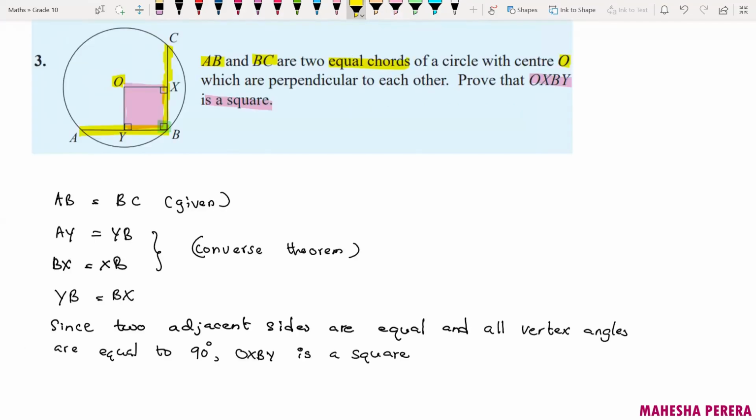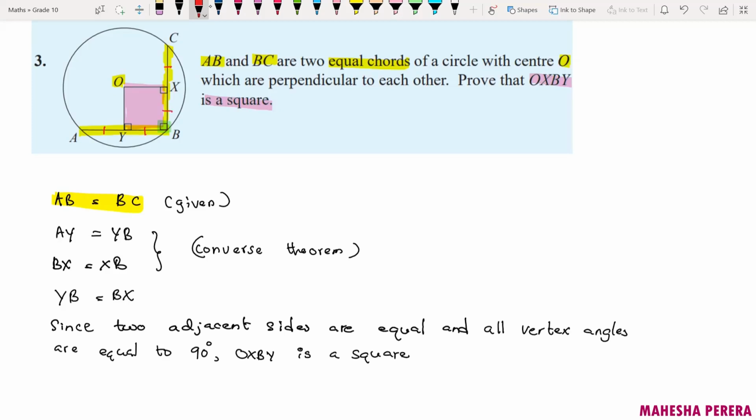Now, it's given that AB equals BC. Two chords are equal. Then since OX is perpendicular to AB, these two lengths are equal. And since OY is perpendicular to BC, these two lengths should be equal.